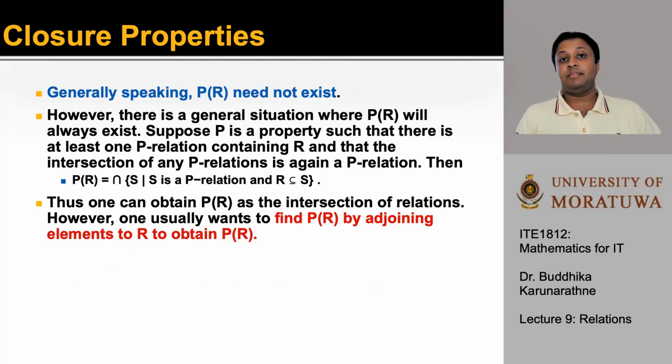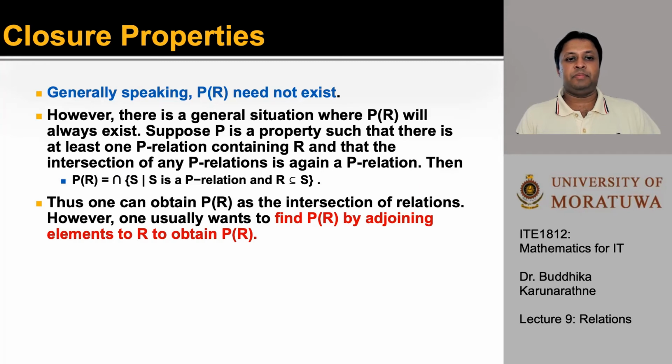However, there's a general situation where P(R) will always exist. Suppose P is a property such that there's at least one P-relation containing R, and the intersection of any P-relations is again a P-relation.